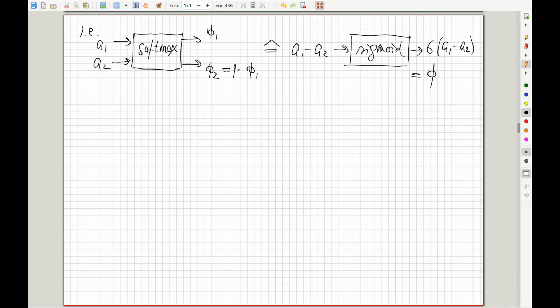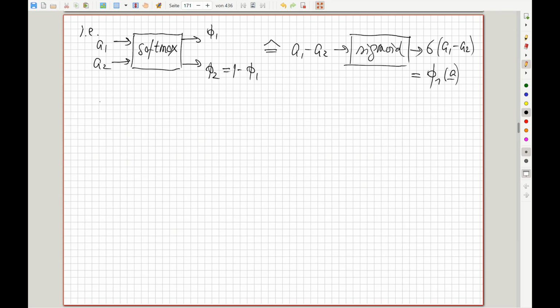And you don't need to calculate the second probability. If you know the probability for a male student is 70%, then the probability for a female student is 30%, right? It's quite clear because it's a binary classification problem. If you have a multi-class classification problem, this is no longer so trivial.